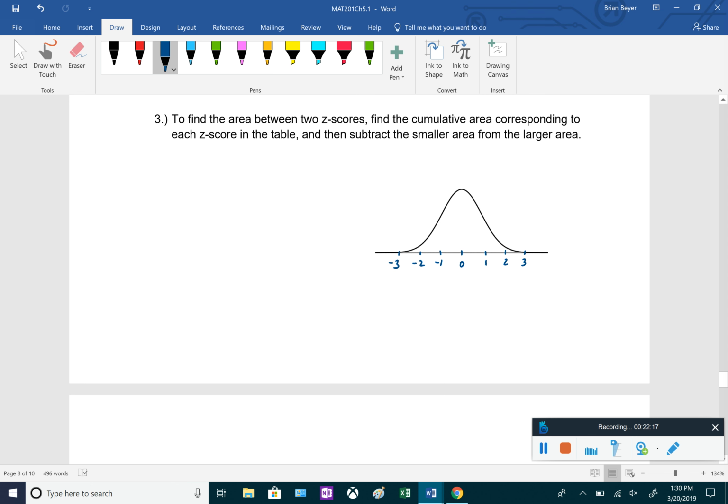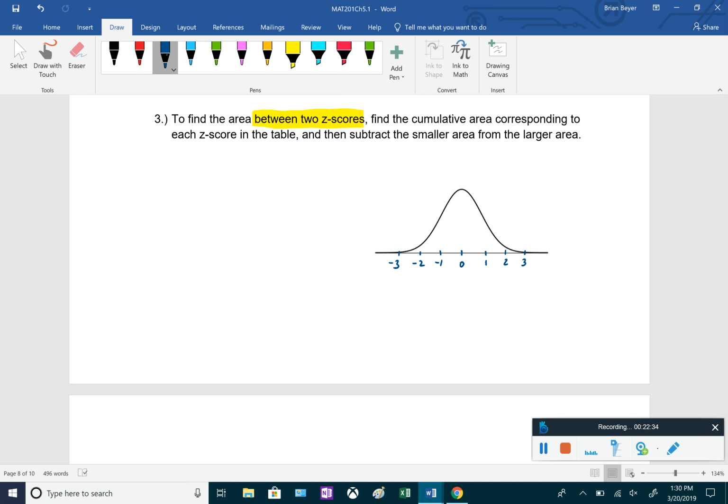Okay, last one is the area between two scores. So what we have to do is find the area to the left of both scores separately using the table, and then subtract the smaller area from the larger area.